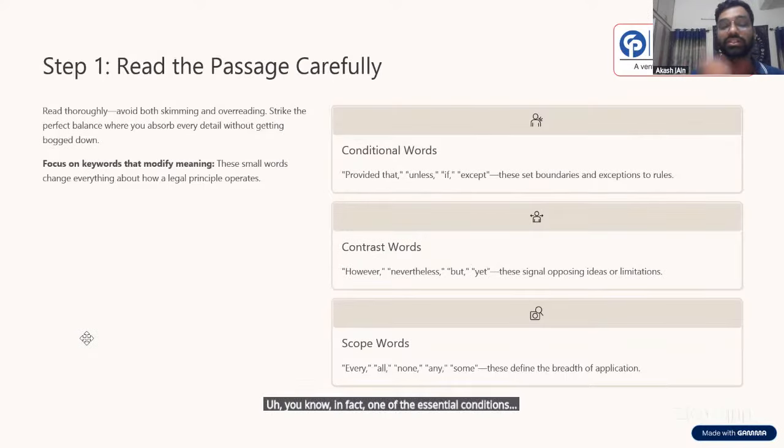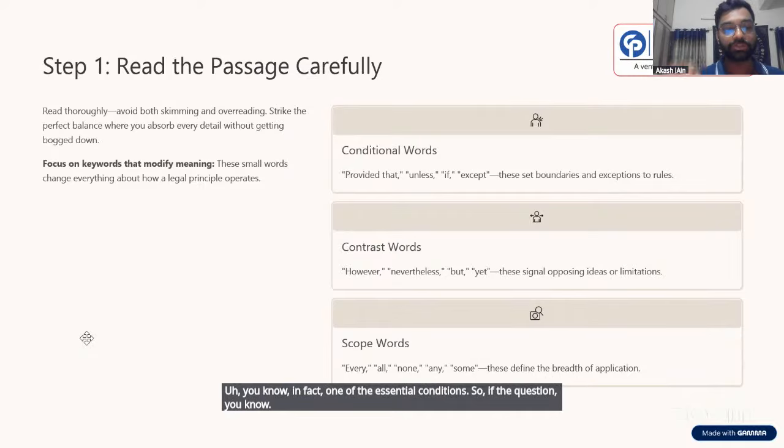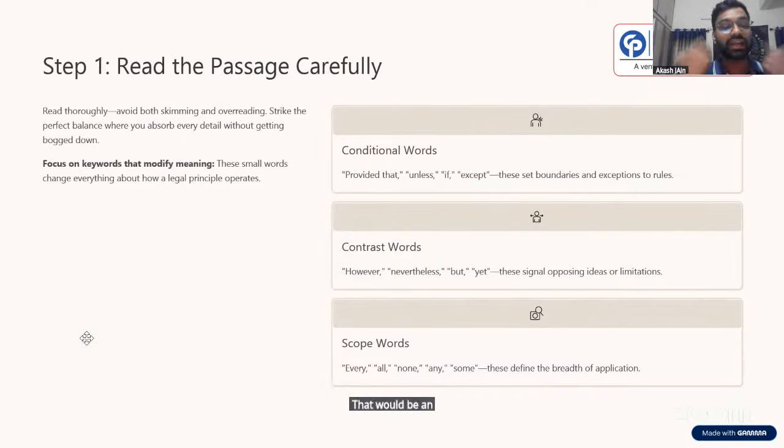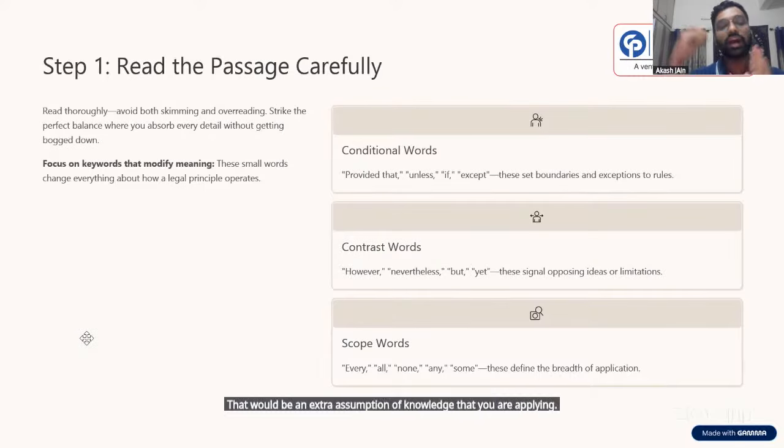If the question or option mentions anything regarding age of majority, that would be an extra assumption of knowledge that you are applying. So you have to stick specifically to the passage, and for that you need to read it very carefully.